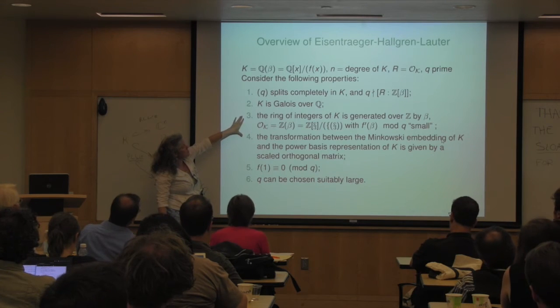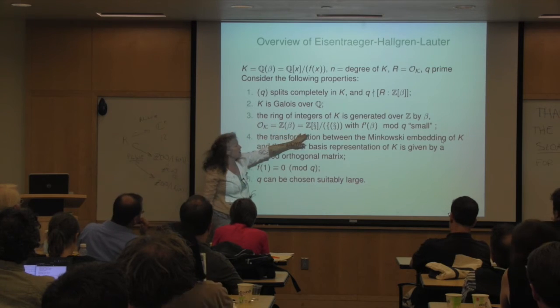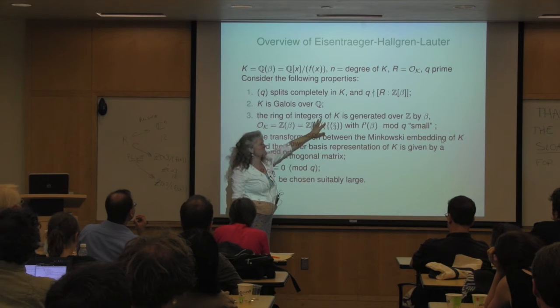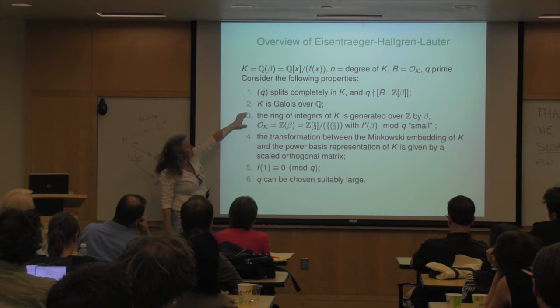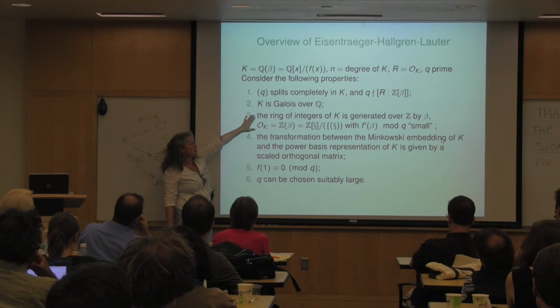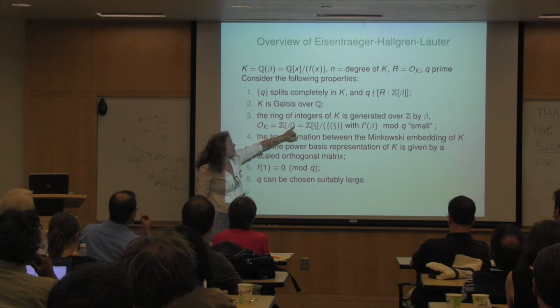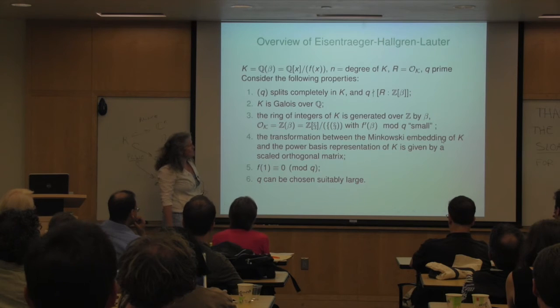So numbers 3 and 4. Sorry, this is some kind of LaTeX garbling problem that I couldn't fix. But number 3 just says that the field K is monogenic. That is, the ring of integers is generated by 1, this is supposed to be square brackets here, Z adjoin beta.